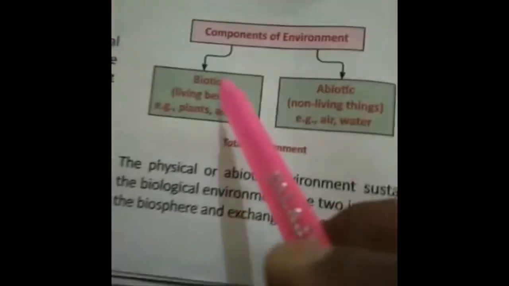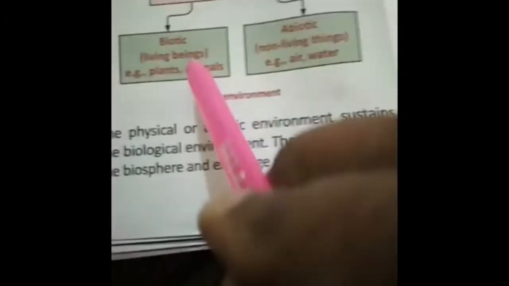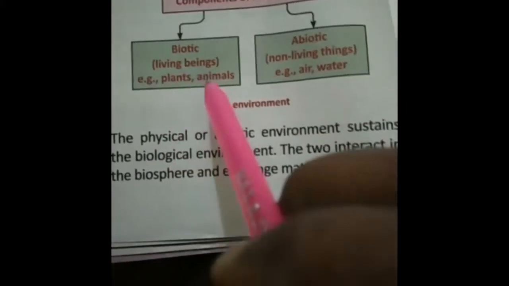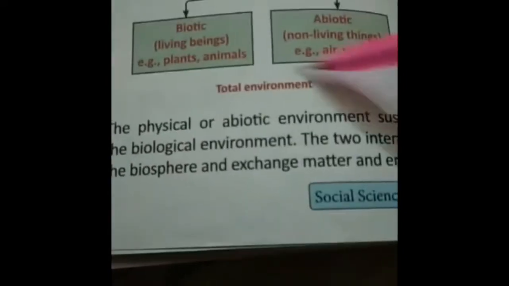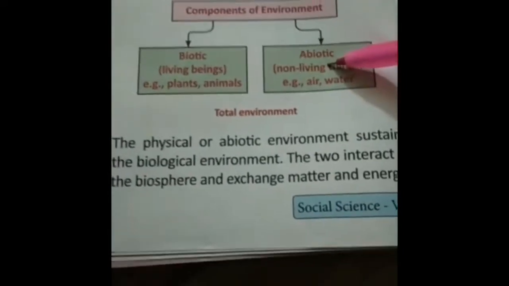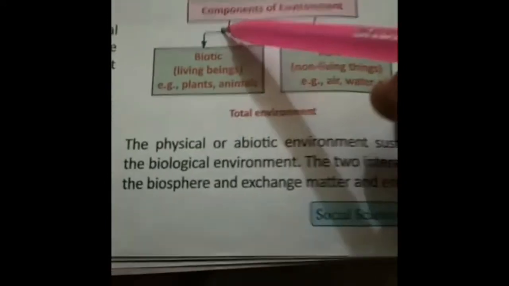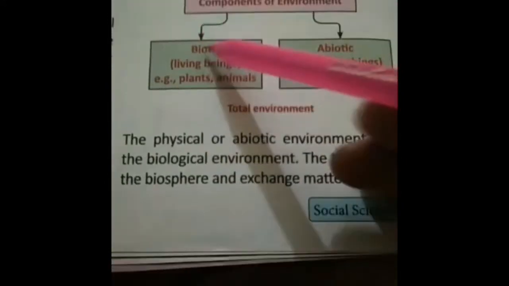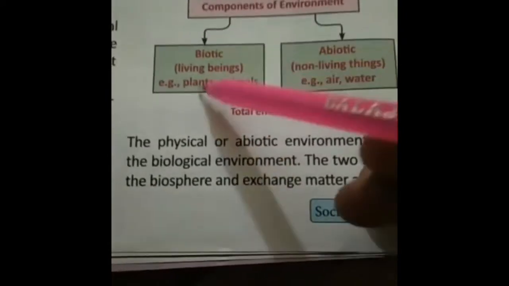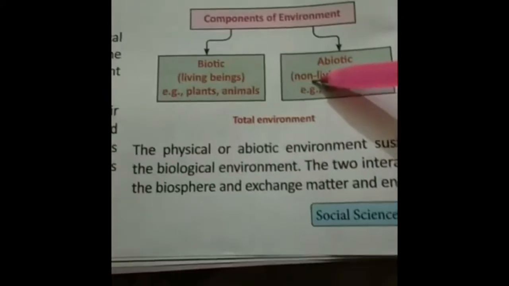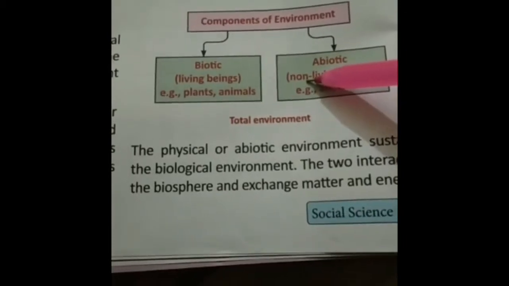Biotic includes all living beings, example plants and animals. Abiotic includes all non-living things, example air and water. So the main component of any environment is biotic, which means living things, and abiotic, which means non-living things.